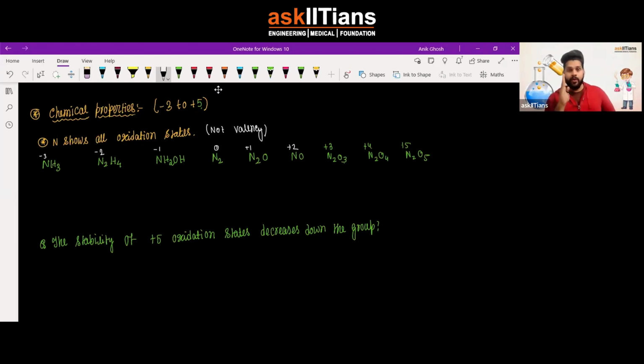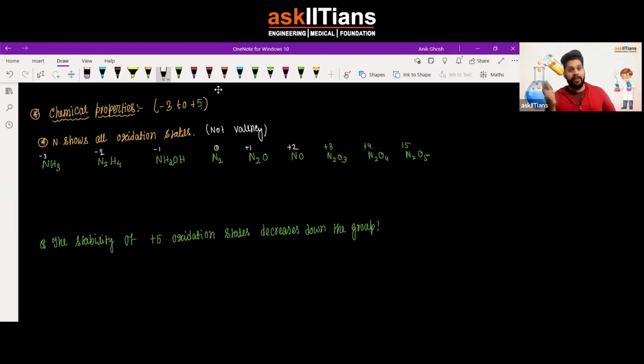It's a terminology which is applicable if and only if your compound can be broken into the ionic method. So these are all covalent compounds. We cannot break them into ionic form, right? But if we could break them as an ionic compound, then each atom would have achieved that particular charge. So that's why this is an arbitrary value.